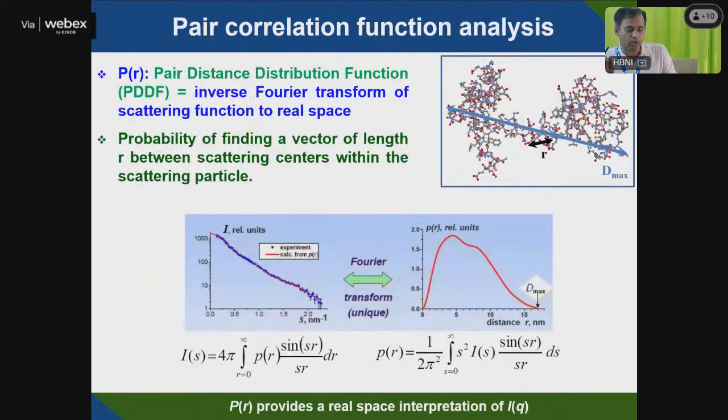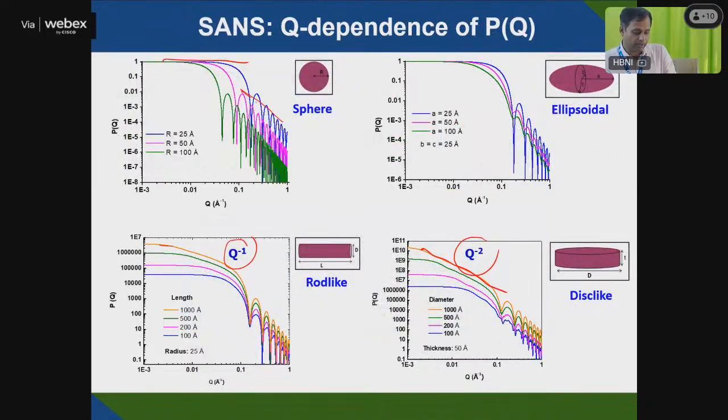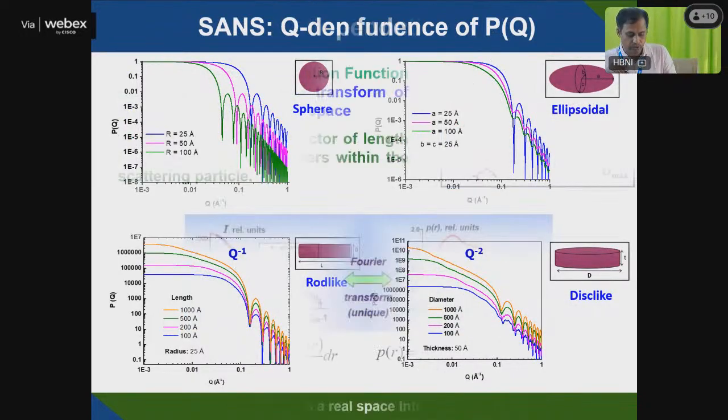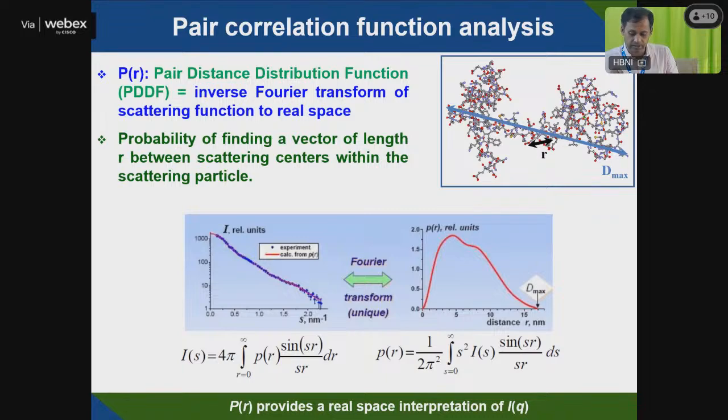Another thing you can also get is called pair correlation function analysis. From the IQ, or PQ versus Q, you can plot intensity with respect to distance. Like this is the whole molecule I have, and within the molecule there is the maximum distance D max you can measure from this to this, in a protein structure I have shown.